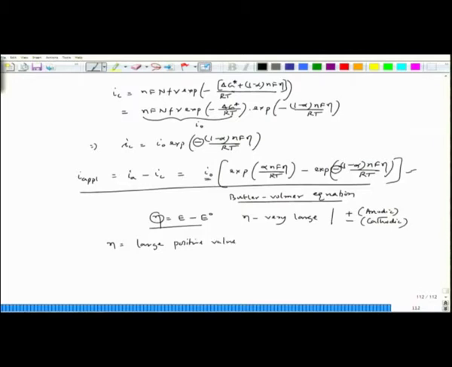let us say eta is large positive value. So, at that time, if we consider this particular part, we can omit, we can ignore this part, because there is a negative sign and this particular value is very high.